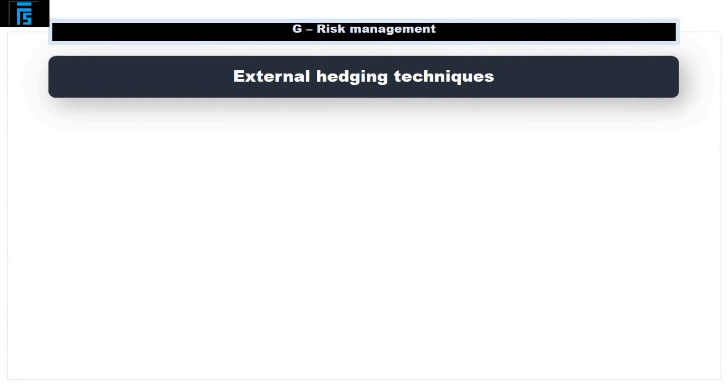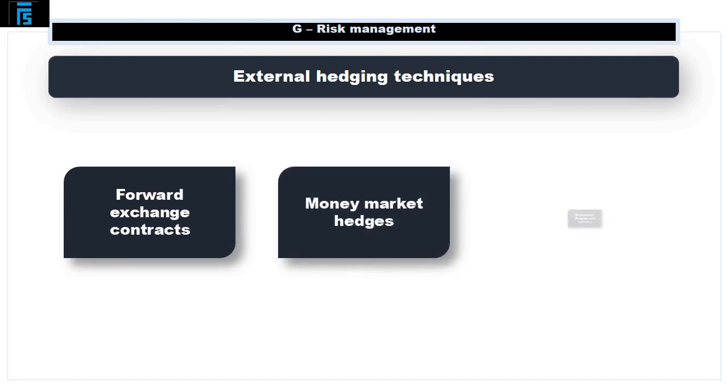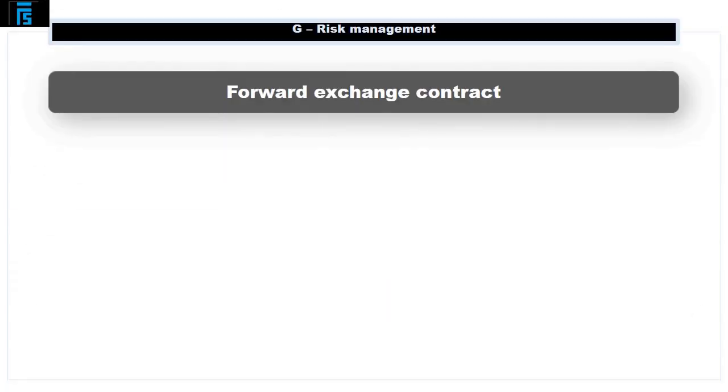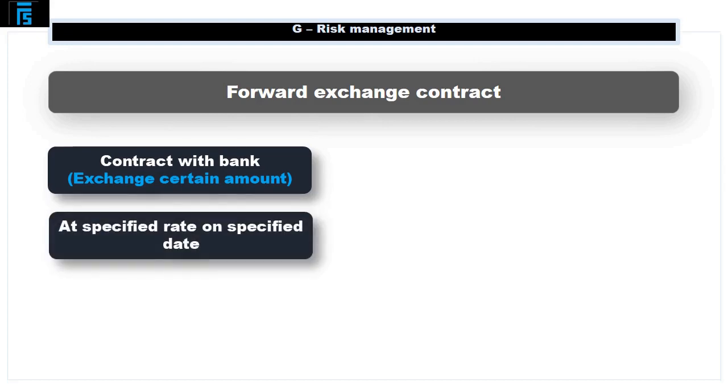Let's now consider some external hedging techniques. These involve contracting with third parties to help manage our risk. We'll consider forward exchange contracts, money market hedges, and the use of derivatives such as futures and options. A forward contract is a contract agreed with the bank to exchange a certain amount of foreign currency for a specified rate on a specified date.